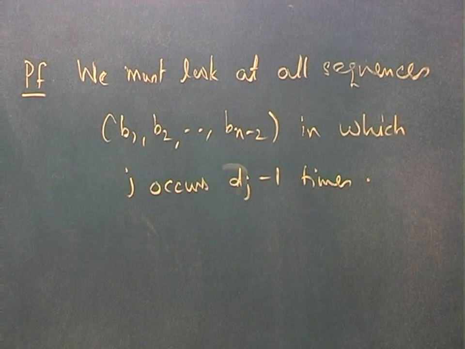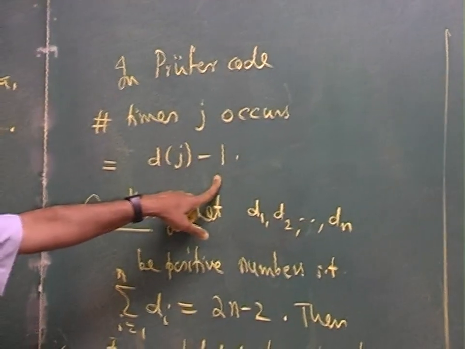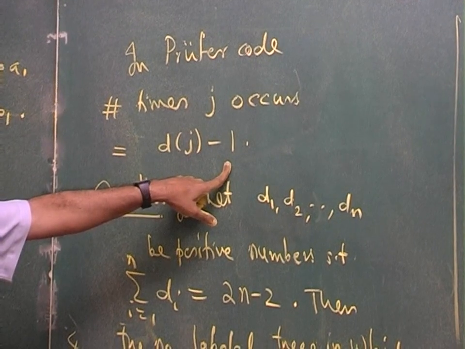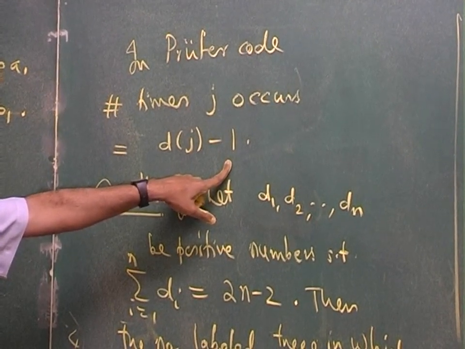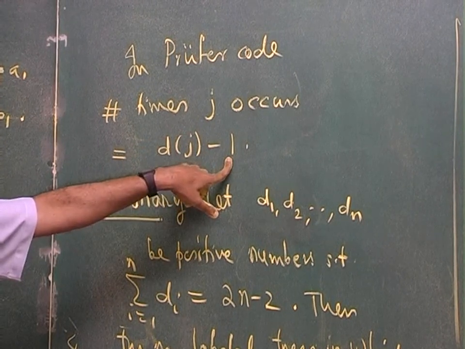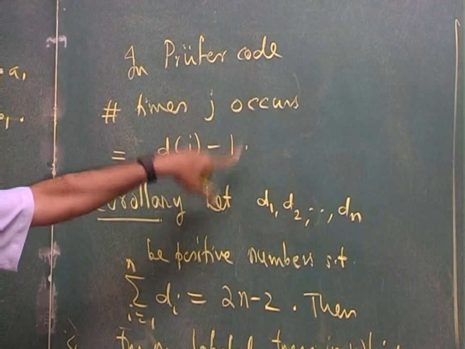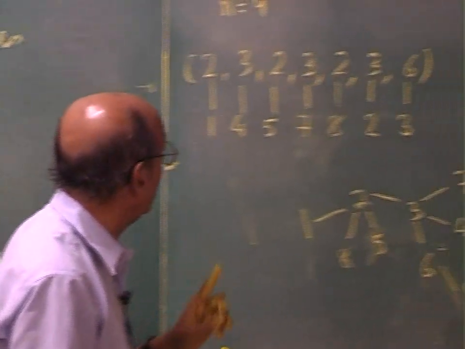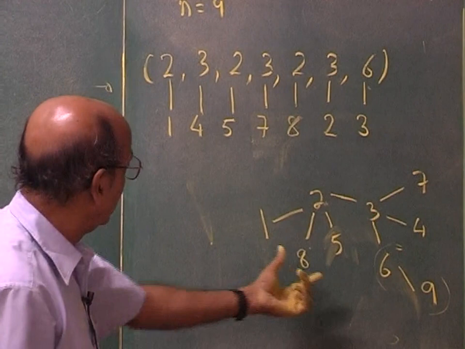D of j minus 1, this is okay. Yeah, no, let's see. Which thing has not occurred in the proof or code?